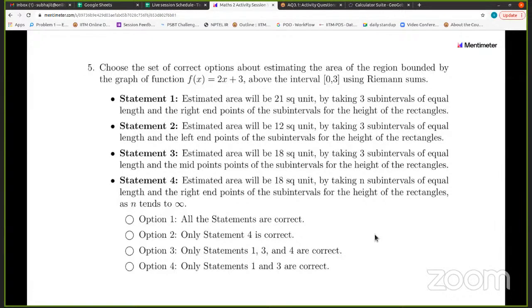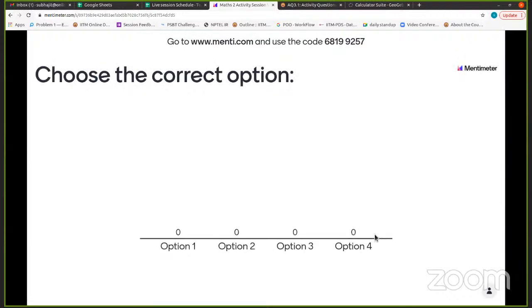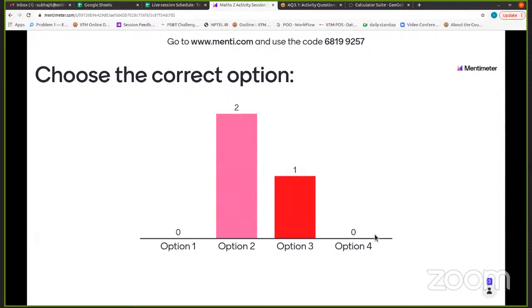Yeah, so you can put your options there. So can you show the question once again?